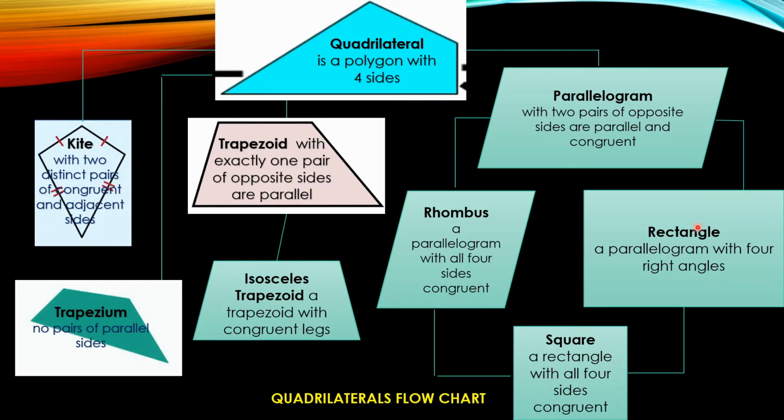Okay, this is called the quadrilaterals flow chart. In this flow chart, when we have the question of true, always true, never true, or sometimes: when the question goes from bottom up to the above, it is always true.